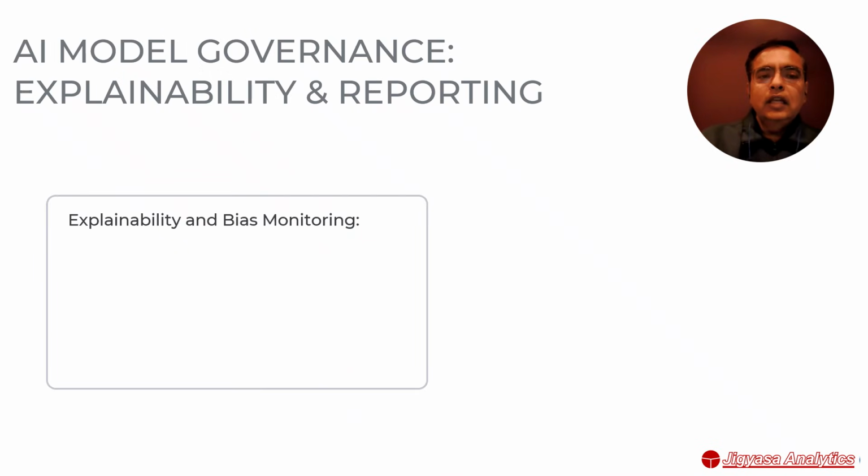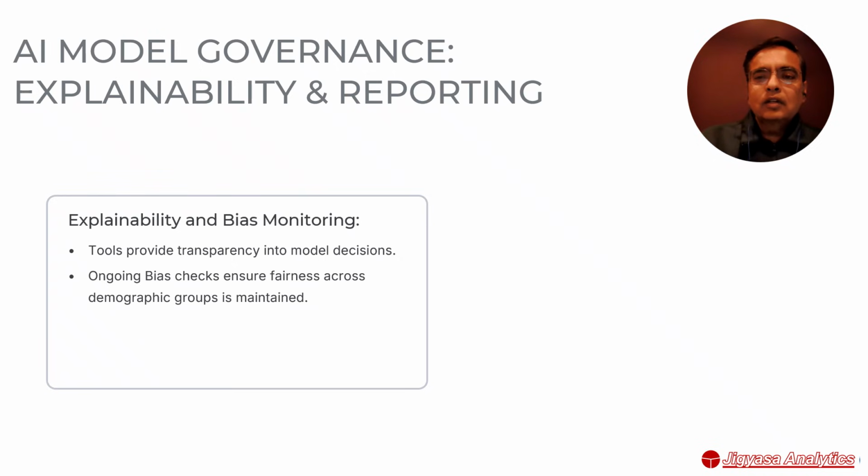And in explaining the model and also monitoring for bias, we talked about certain tools that are available which can help gain greater transparency into model decisions, especially if you're using some kind of black box model. And then we talked about how bias checks can ensure fairness across different minority groups.